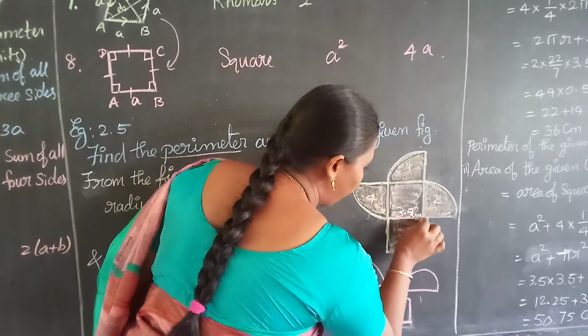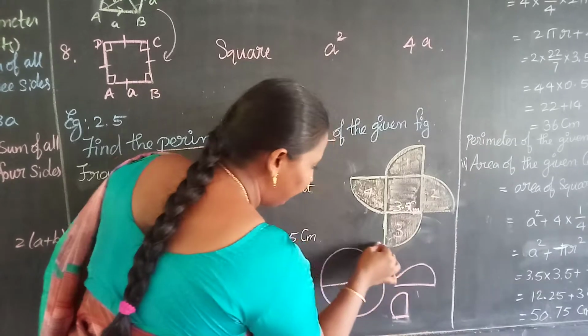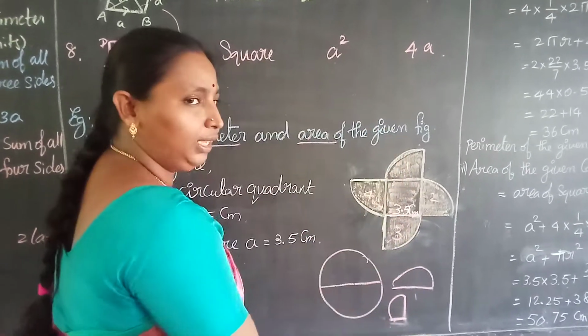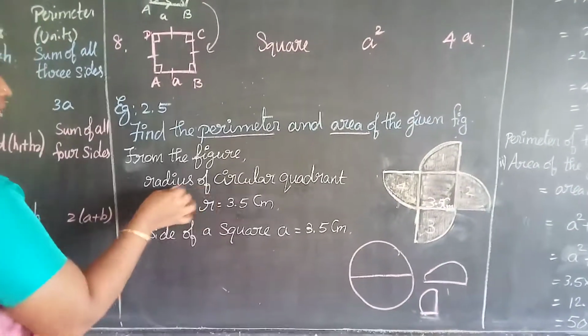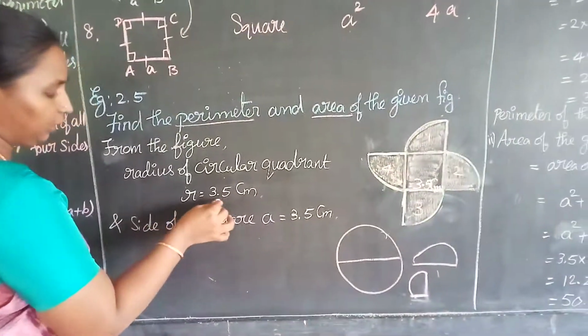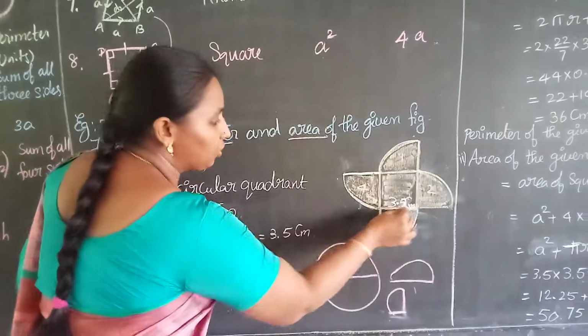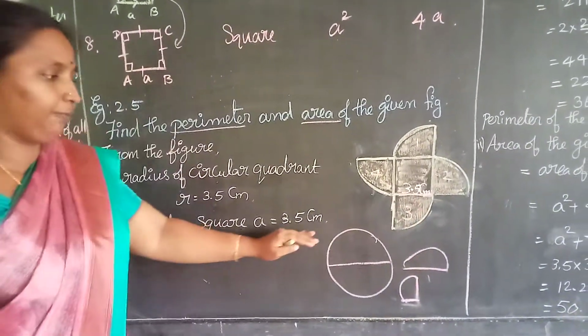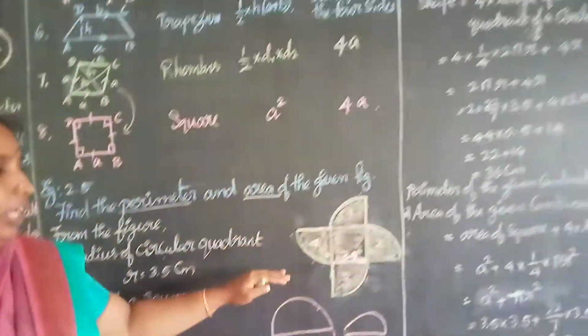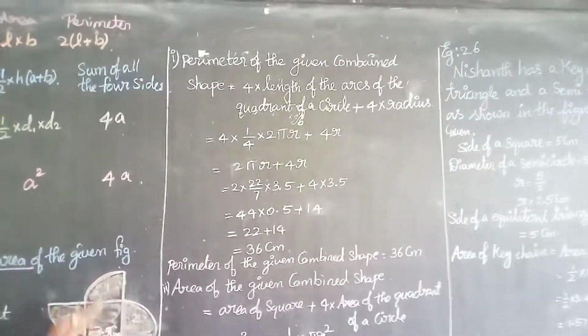So this 3.5 centimeter should be the radius of this quadrant of a circle. So radius of circular quadrant is equal to 3.5 centimeter, and also side of the square they given as 3.5 centimeter. So now we are going to find perimeter of this combined shape.